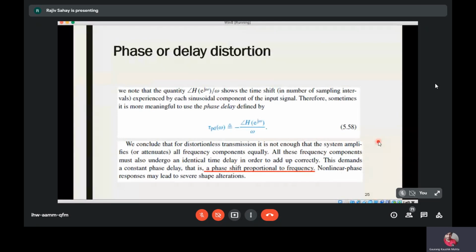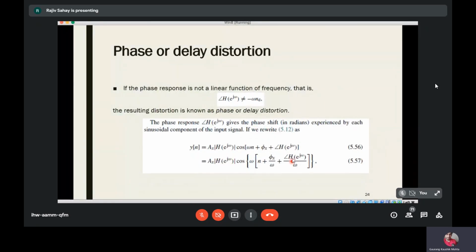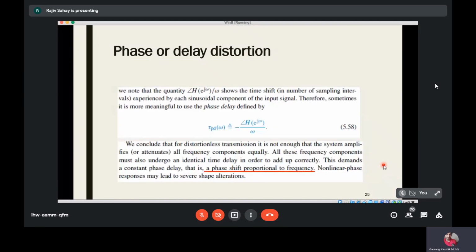Is this clear? So you see this equation, this term has to be constant. That is the test for linear phase response.